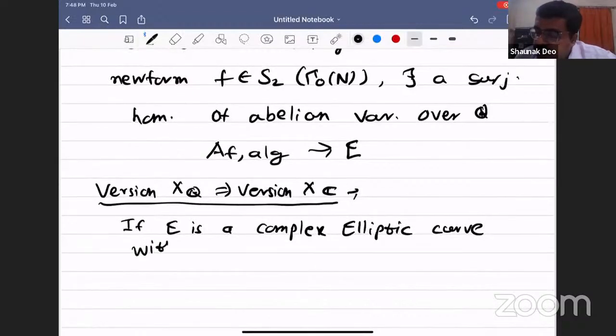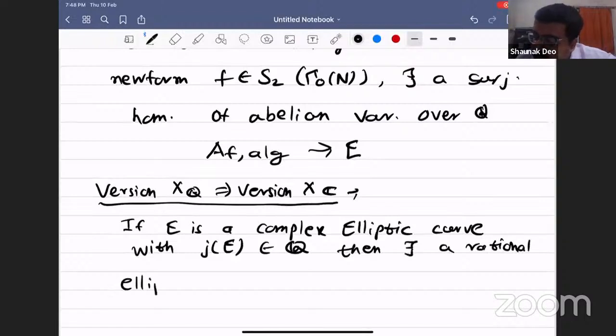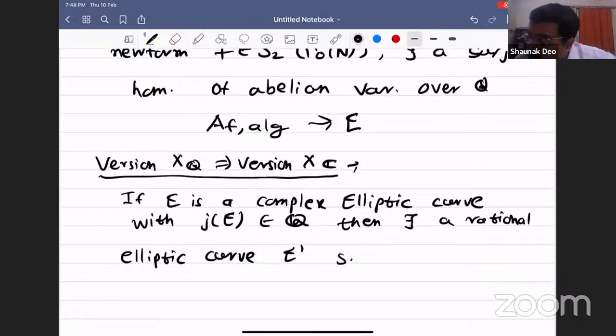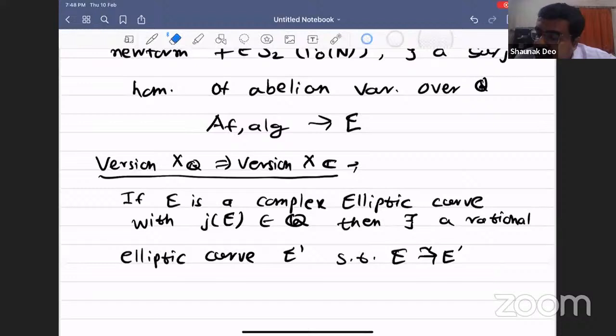with rational j-invariant, then we know that there exists a rational elliptic curve E prime such that E is isomorphic to E prime over C, because we don't know where E is defined, but we do know that it is over C, and E prime is rational.